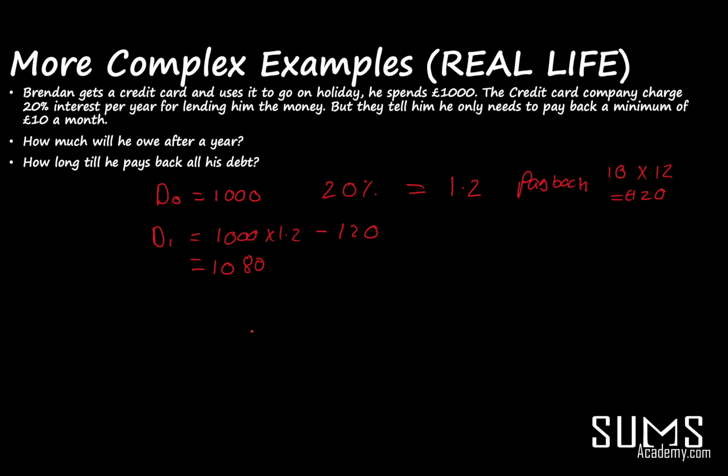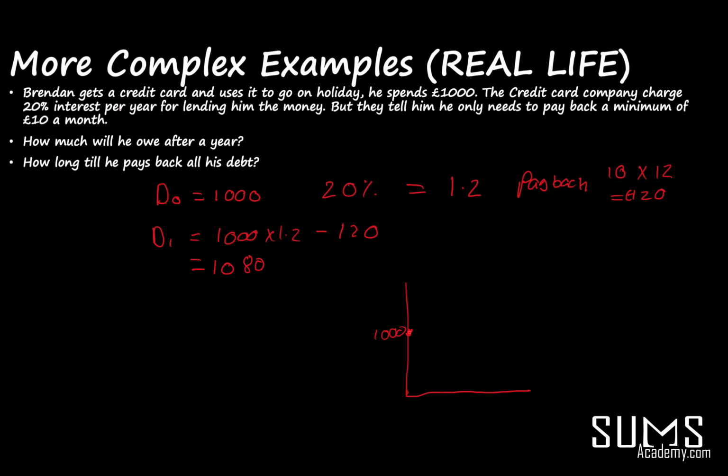Well, you might be able to spot the trend here. I'll just draw a graph here. If this is my debt here, 1,000, basically the rate of interest is higher than the rate at which I'm paying it back.